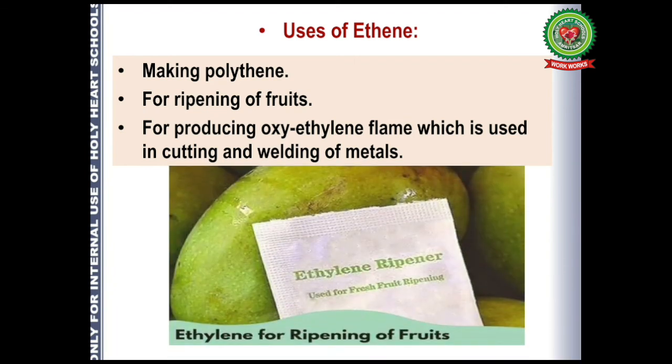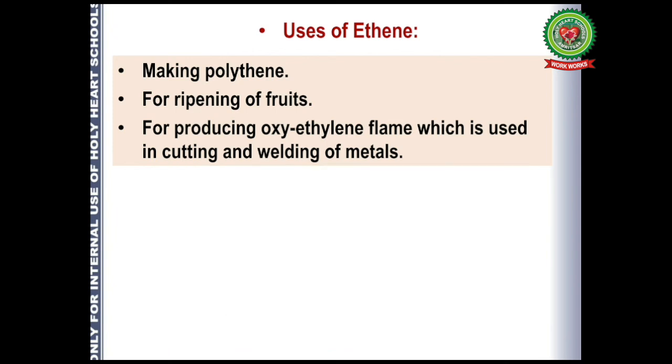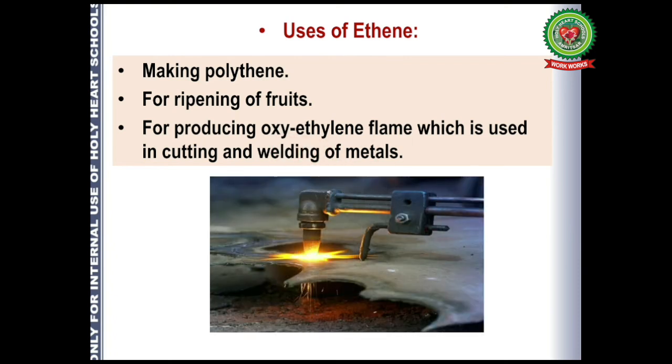So if you have raw fruits, if you put ethylene packets into them, the fruits will ripen. The third and important use of ethene gas is in producing oxyethylene flame, which is used in cutting and welding of metals. So very important, because oxyethylene flame produces a high temperature which helps to cut the metals.